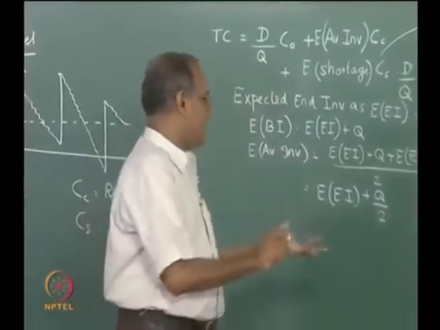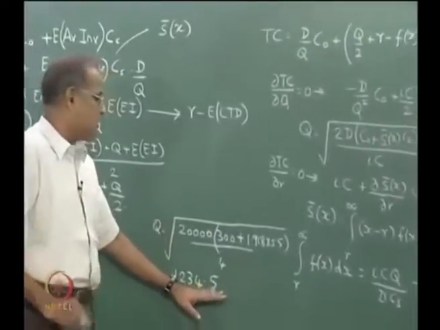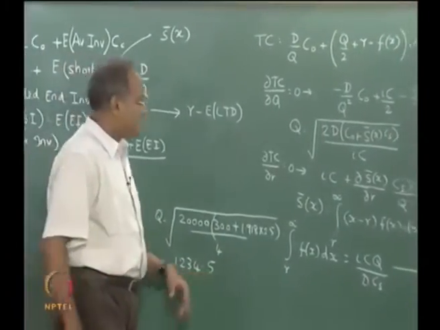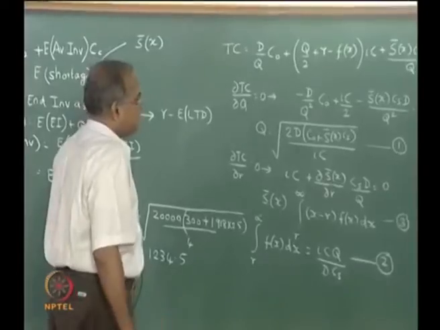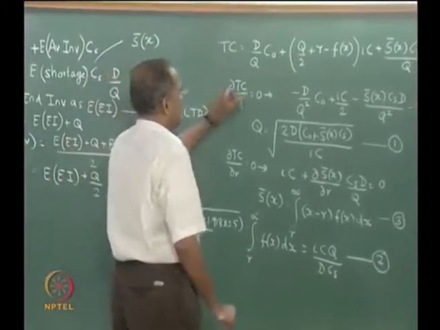So, let us assume that Q has converged to 1234.5, that R has converged to 230 and S bar of x has converged to 1.9. So, finally, we can compute the total cost from this equation.